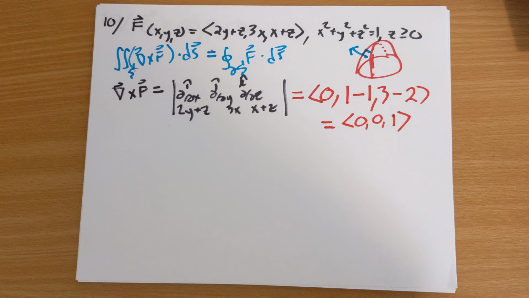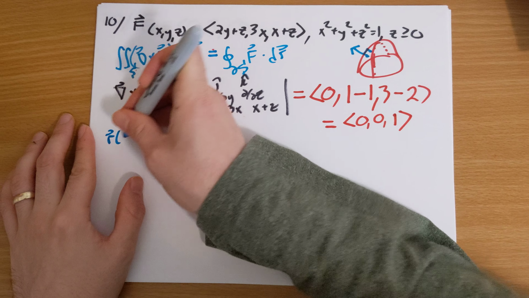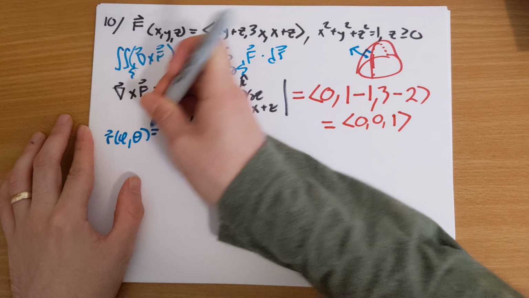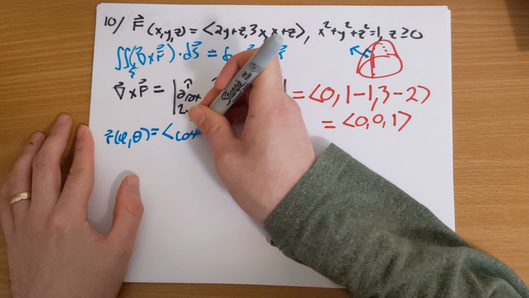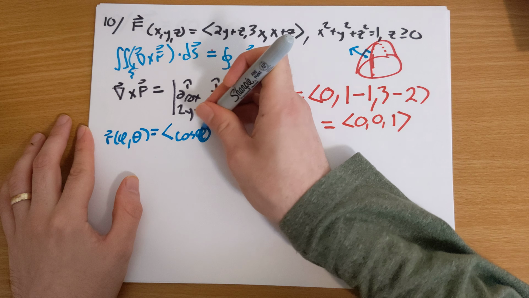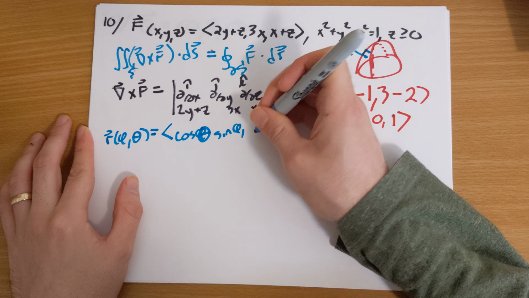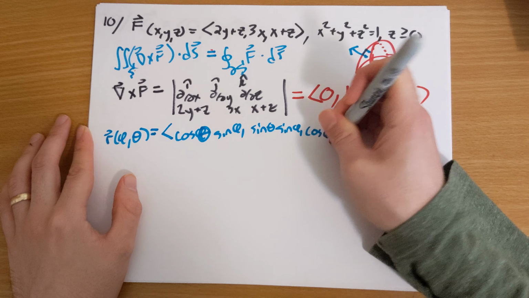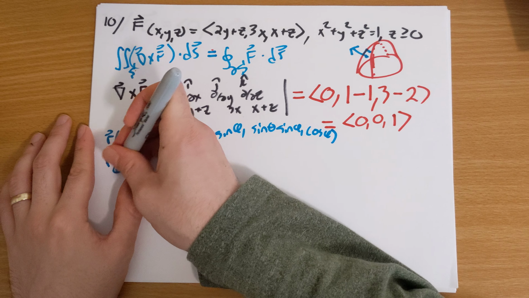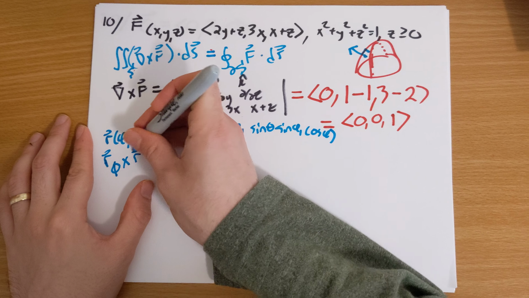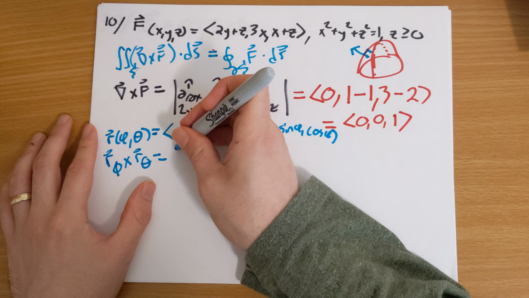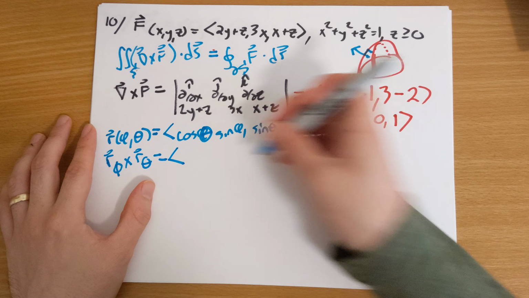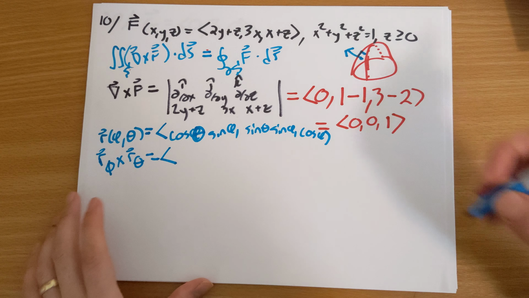Let's go ahead and compute out the left side here. So how do we parameterize this? Our parameterization in terms of phi and theta is cosine theta sine phi, sine theta sine phi, cosine phi. And the normal vector that you end up with when you take the cross product of r phi cross r theta ends up as this times a factor of sine phi.